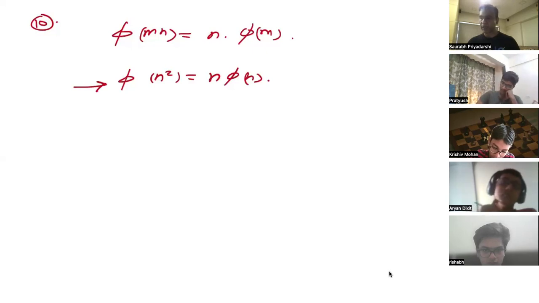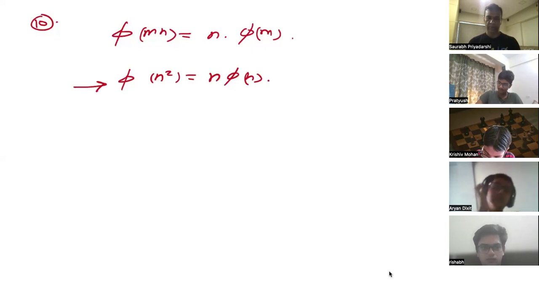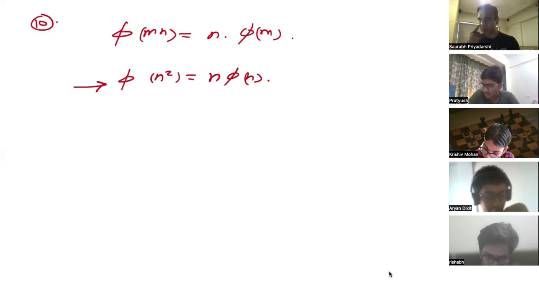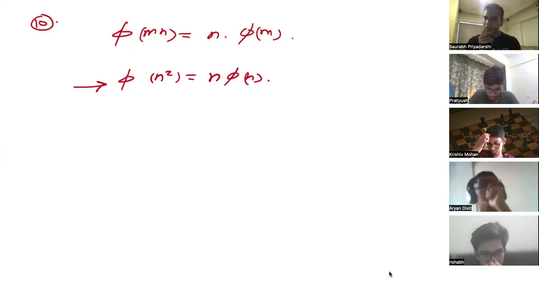It is given that every prime that divides n also divides m. So now when this is true, phi mn is equal to phi m into phi n.